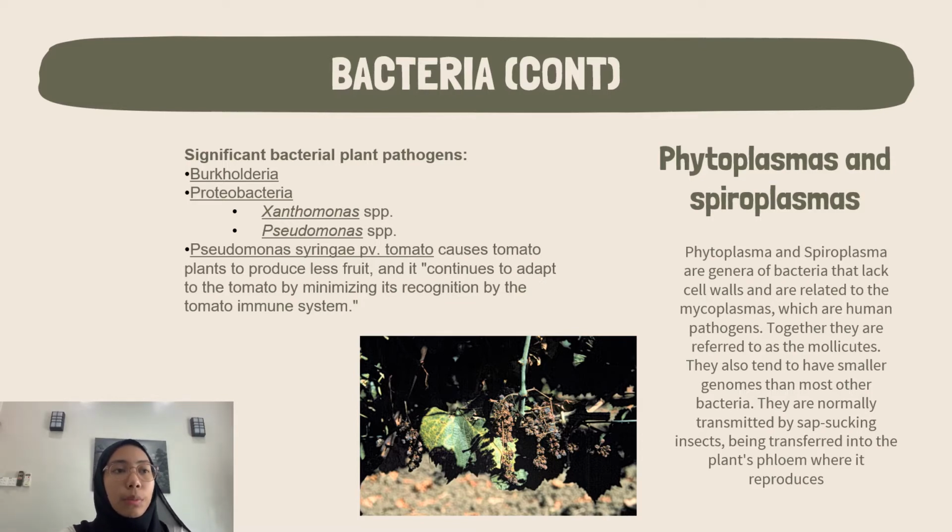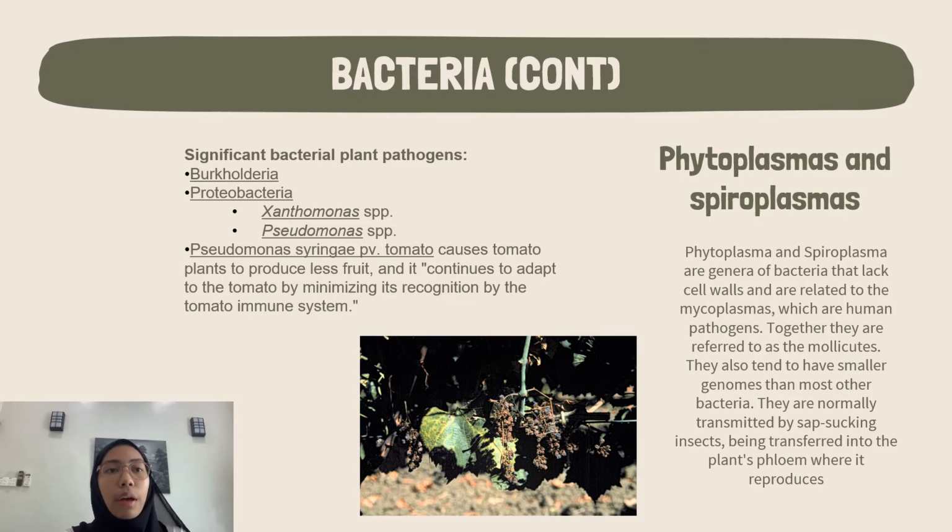The first one is Burkholderia, Proteobacteria, and the last one is Pseudomonas syringae pv. tomato. This causes tomato plants to produce less fruit, and it continues to adapt to the tomato by minimizing its recognition by the tomato immune system.